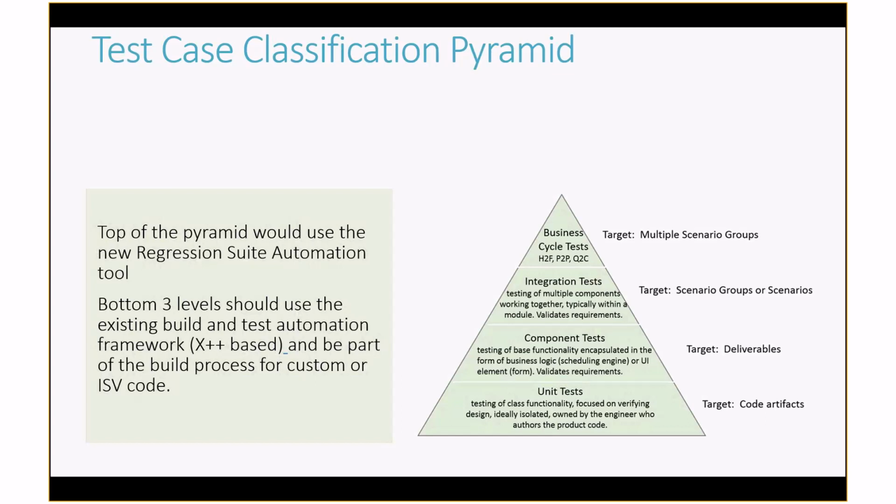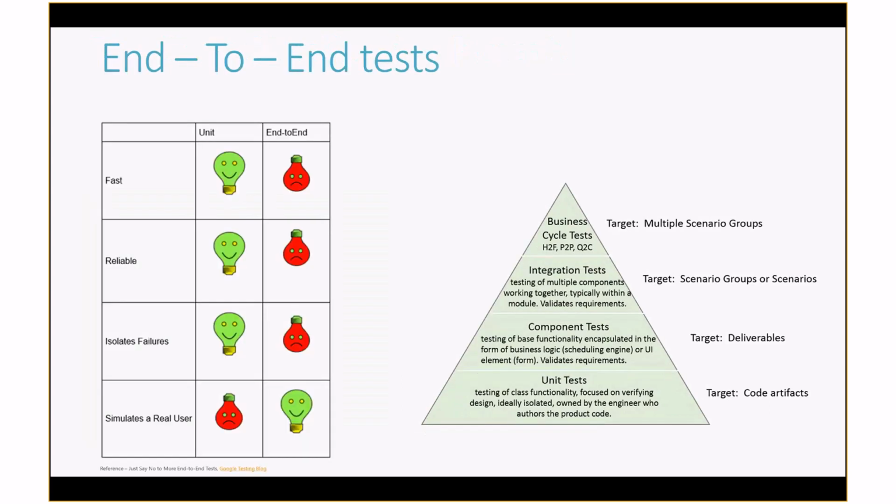And what Robert has been presenting here is the tool that Microsoft is using now, the Regression Suite Automation Tool, which is typically used for automation of those top-level, end-to-end scenarios. What that absolutely also means is that we should not stop with just doing the business cycle tests.